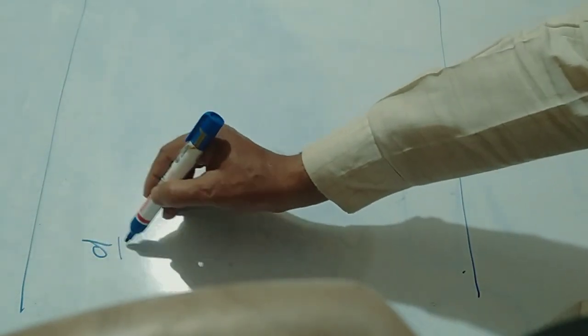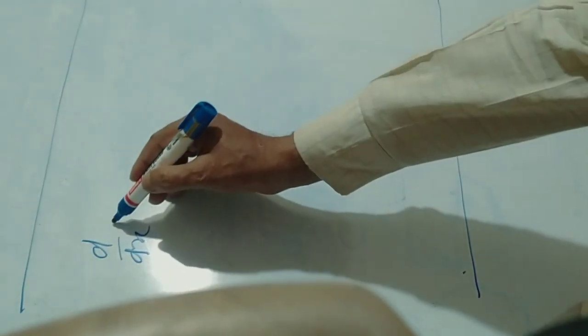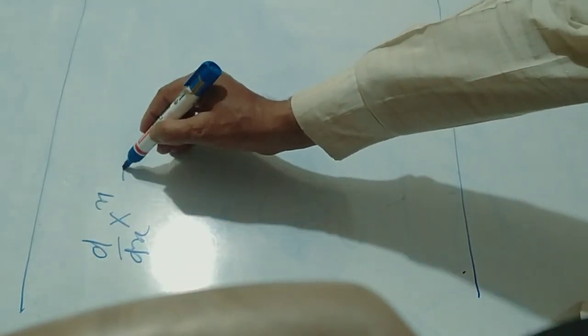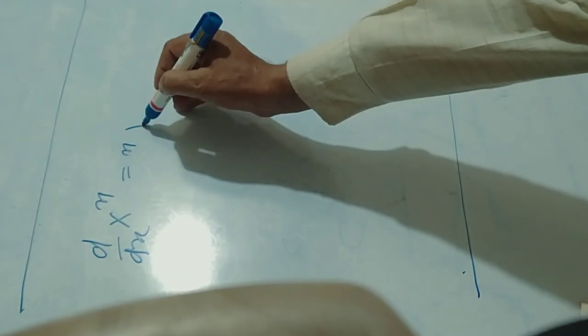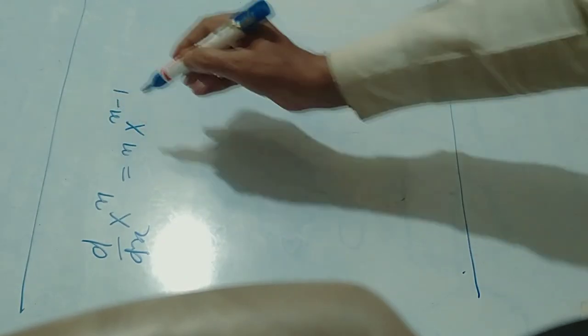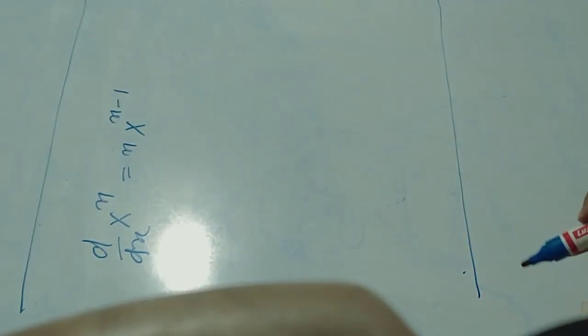Now, first, d/dx of x^n is equal to n x^(n-1), right?